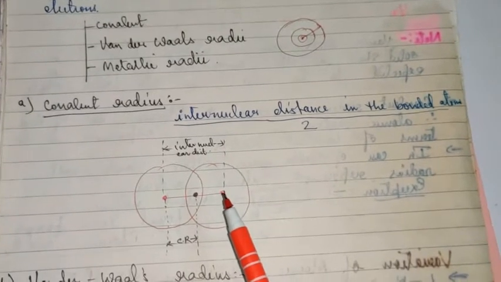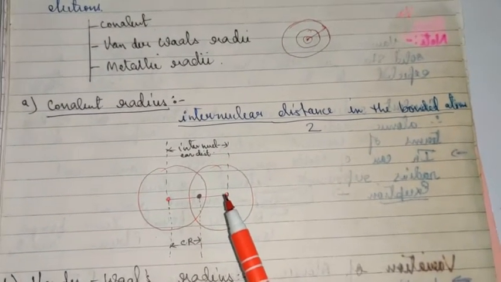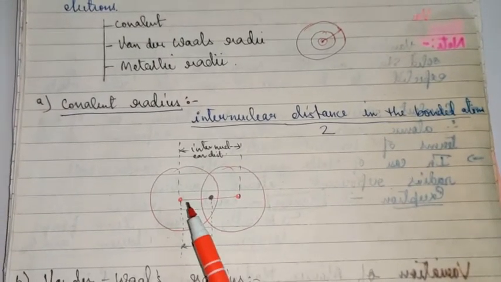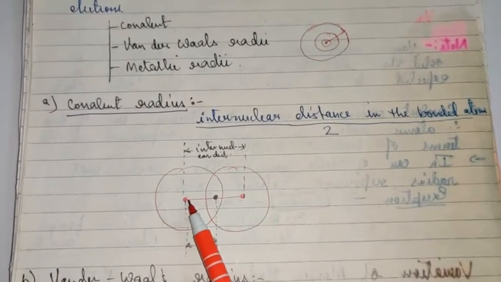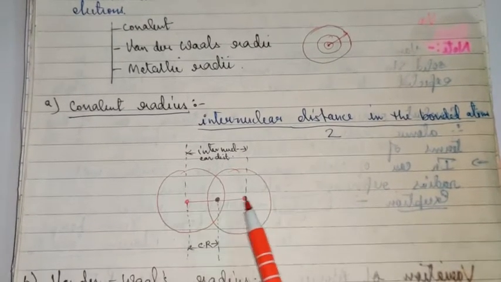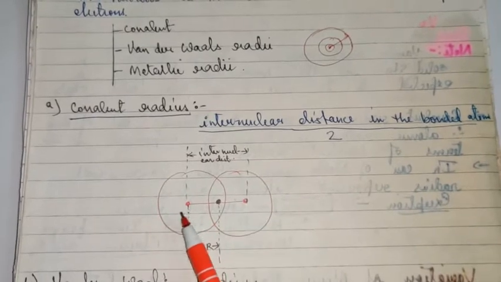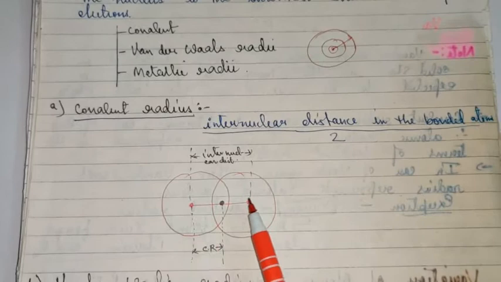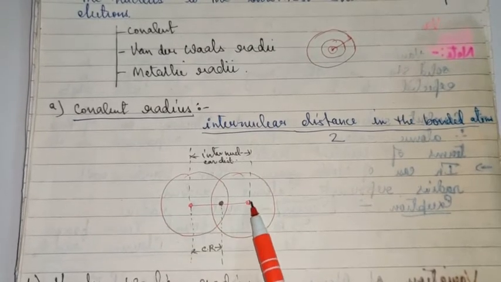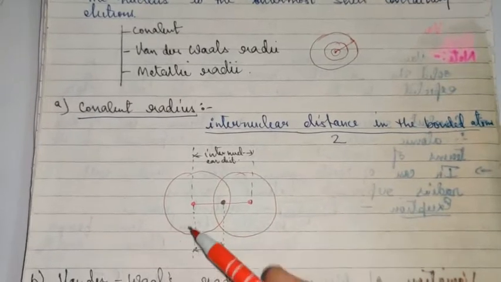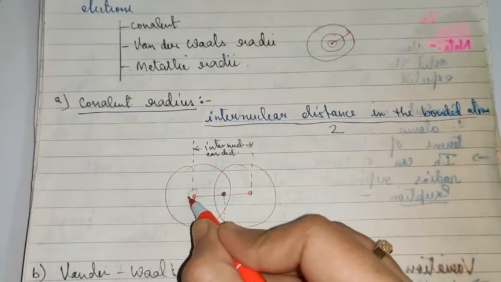So when you have to measure the radii of a covalent compound, how do we find it out? We find it out by measuring the distance between the center of the two atoms, like this, the center of the first atom, and this is the center of the second atom. We measure the distance between the two, and the distance between the center of the two atoms is referred to as internuclear distance, because obviously the center of an atom is what?